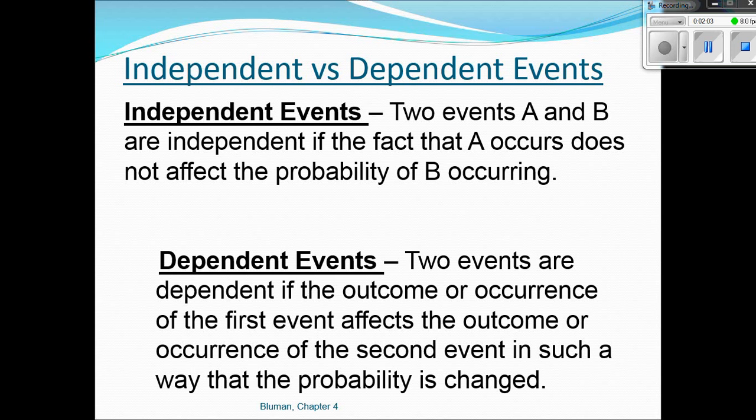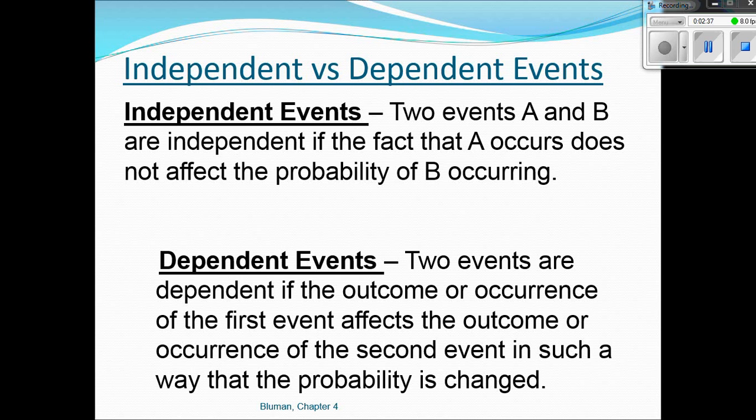The reason being, whatever happens with your first event, rolling a die, if you roll a 6, that has absolutely no effect on whether or not you'll pick, say, a king from the deck of cards. Doesn't matter if you roll a 1, 2, 3, 4, 5, 6, it will have no effect on the card that you pick.